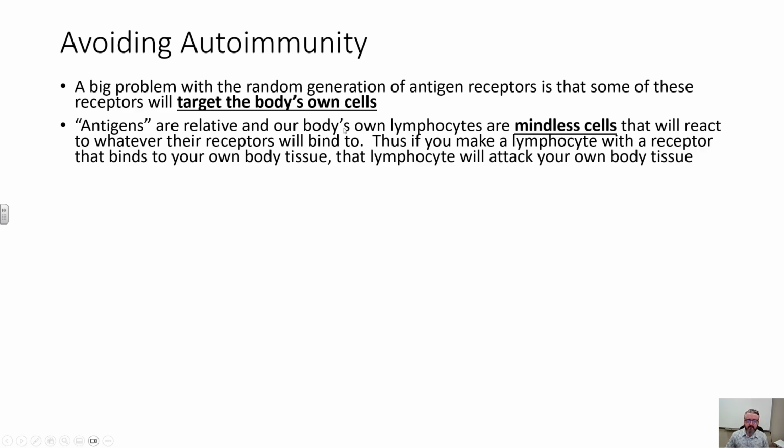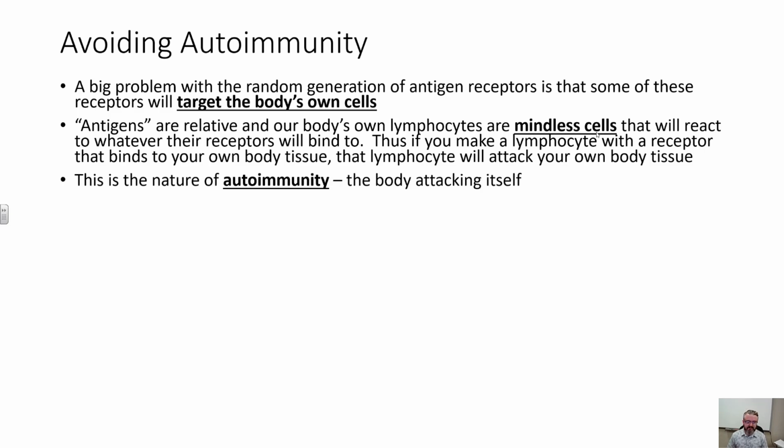And since these antigens are relative, and our lymphocytes are quote-unquote mindless little cells, they don't necessarily have a brain to differentiate what's good and what's bad, what's self and what's foreign. And so if you were to just build these cells and then release them all into the body, you would actually generate autoimmunity. The body would attack itself.